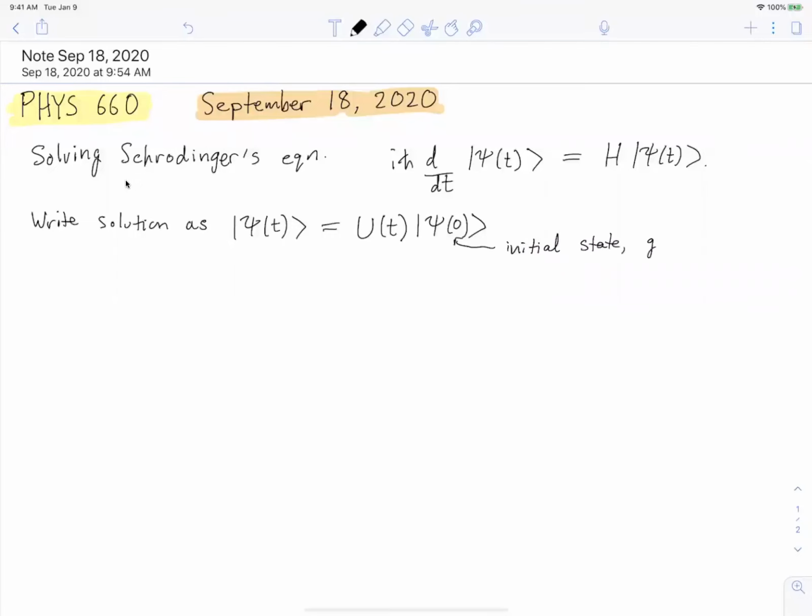You're supposed to believe that this is given to you. And then this equation defines the operator U of t, which will be a unitary operator. We're going to prove in just a minute that it's a unitary operator.